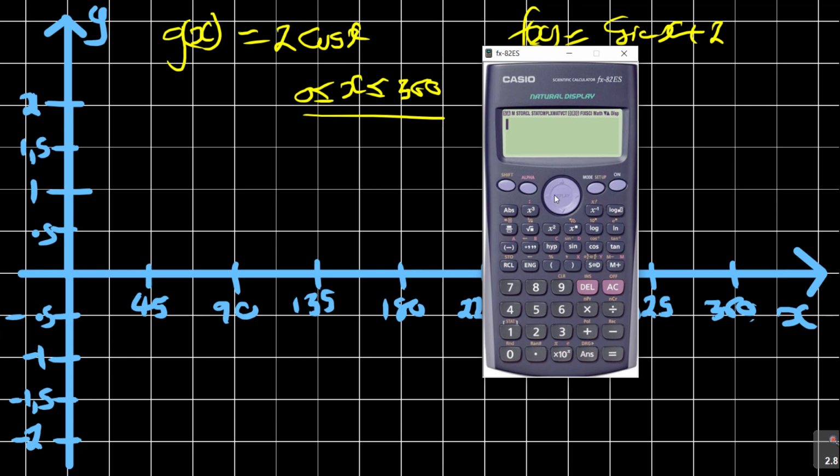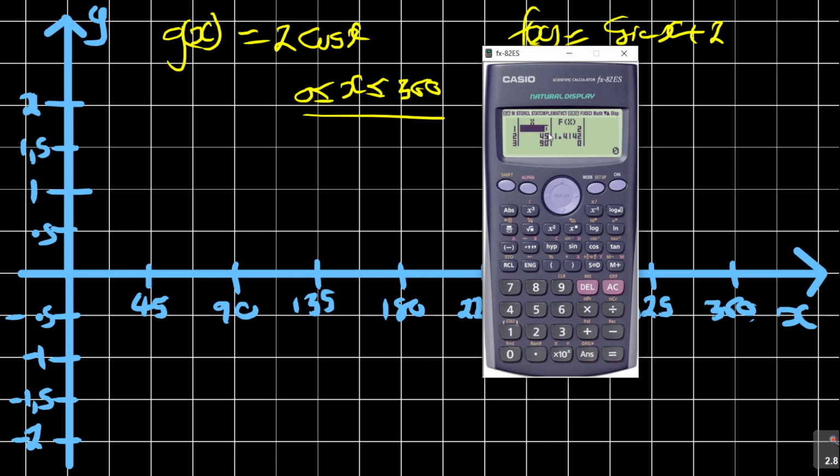And then we've got mod 3 2 cos alpha x, right? And then close the bracket, equal to, start from 0 equal to 360, step I'm using 45.